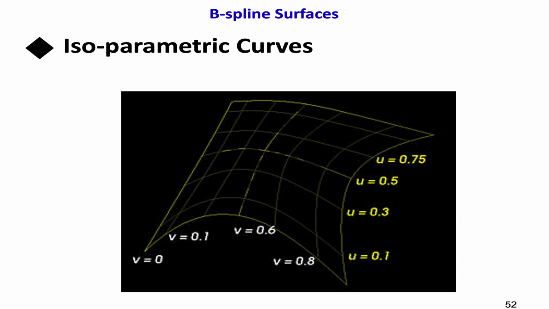If we think about a rectangle and keep one value constant while changing the other, it creates an isoparametric curve. Suppose we keep u equal to 0.4 and change v from 0 to 1, it creates one curve on the surface, and vice versa.